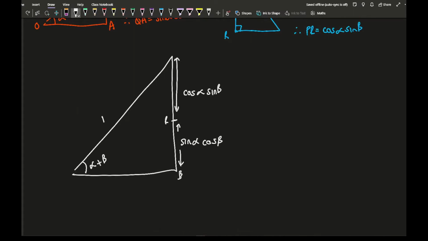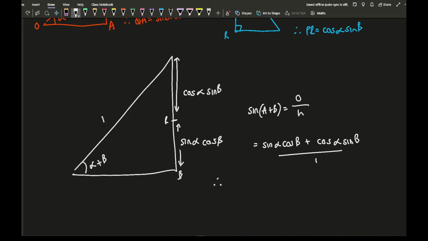So therefore sine of alpha plus beta is going to be equal to the opposite over the hypotenuse. If the opposite is those two things added together, so the opposite is sine alpha cos beta plus cos alpha sine beta, all over 1.